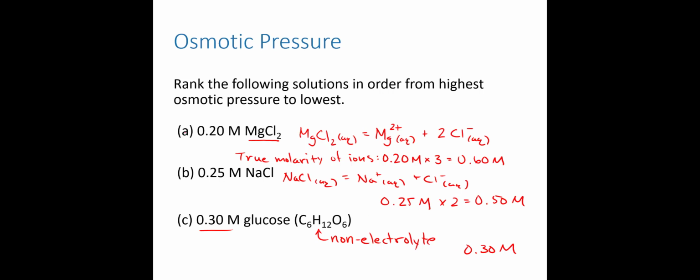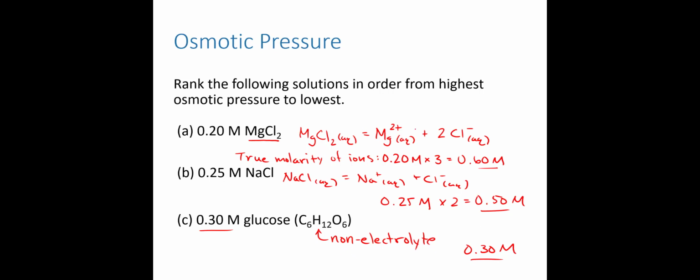So just looking at these numbers, you might have assumed that C, being the most concentrated, has the highest osmotic pressure. But when we look at the true, real molarity of particles, we see that actually A has the highest concentration. It's 0.6. And then B is the next most concentrated, while C is actually the least concentrated in particles.